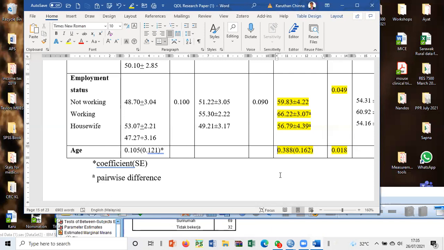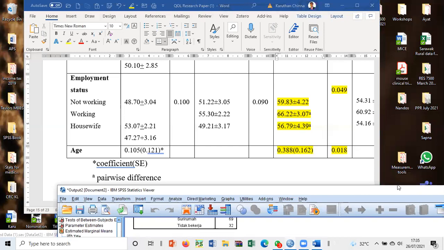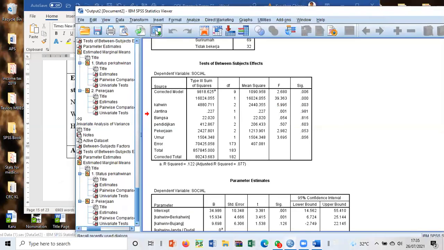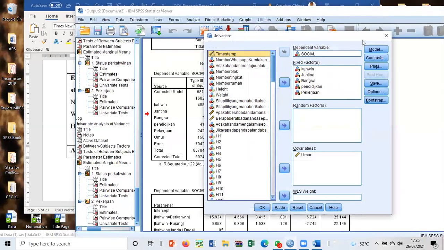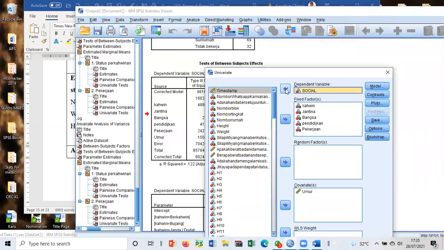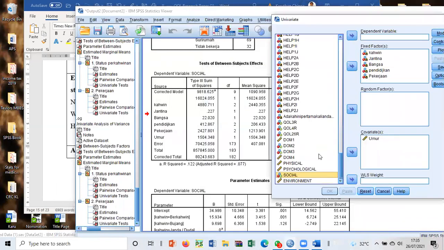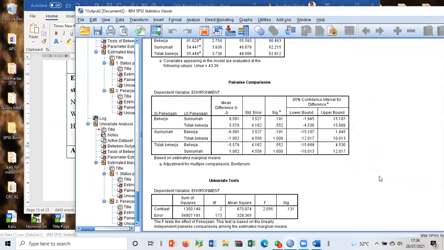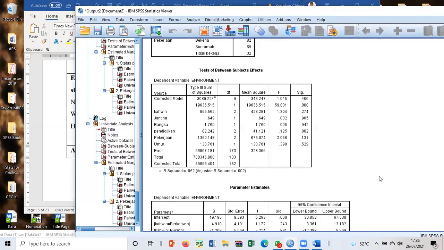Are you okay? Okay, last one, just run. Now it is environment. Anything significant? Not significant.